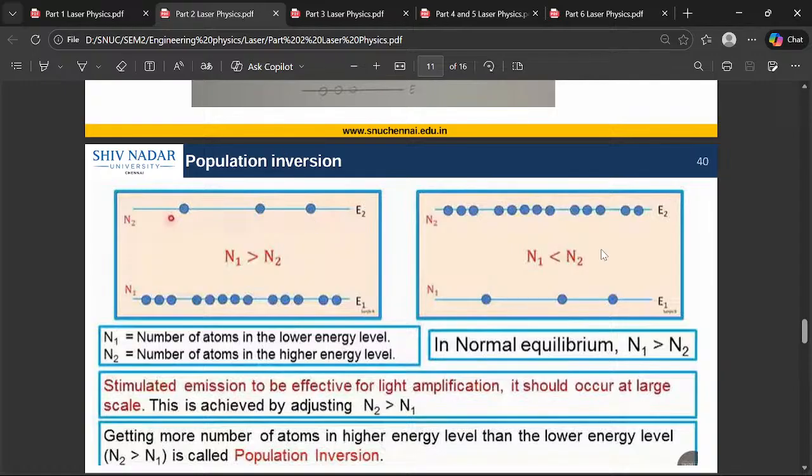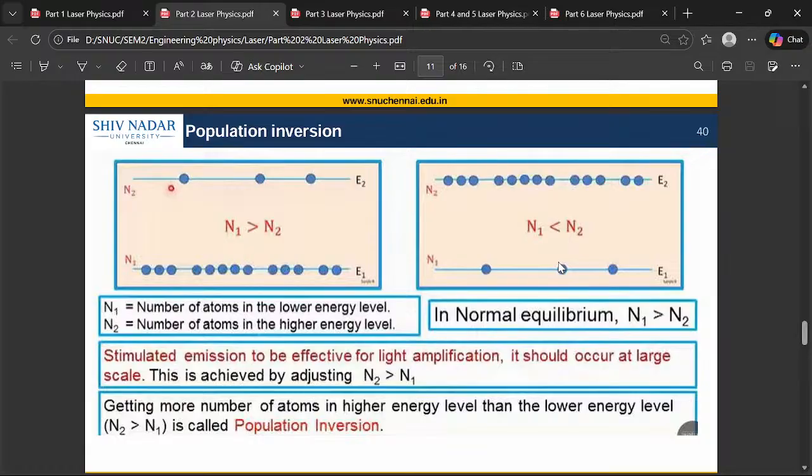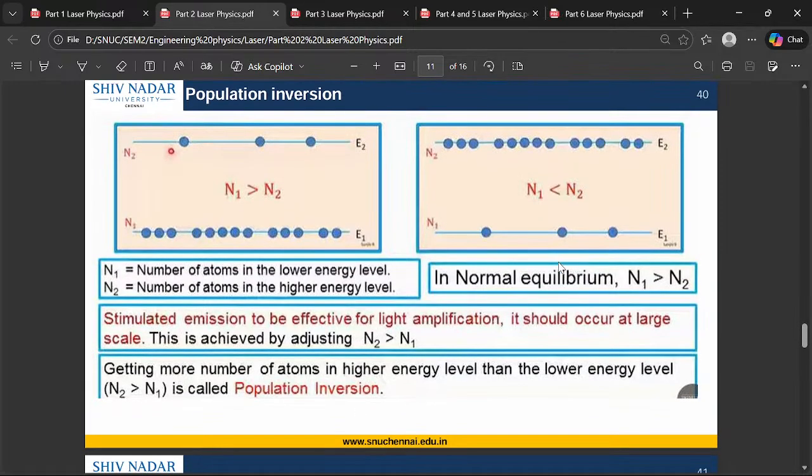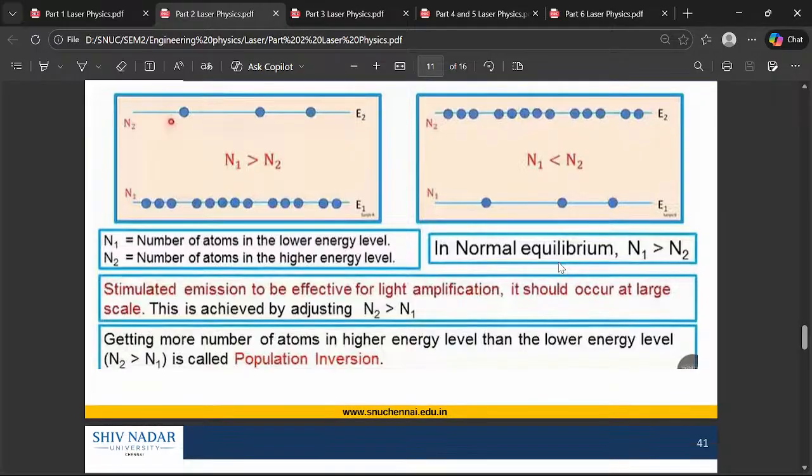Where N1 is less than N2, population inversion has been achieved. In normal equilibrium, when we don't give energy, N1 will obviously be higher than N2. So stimulated emission can only be achieved when population inversion happens.